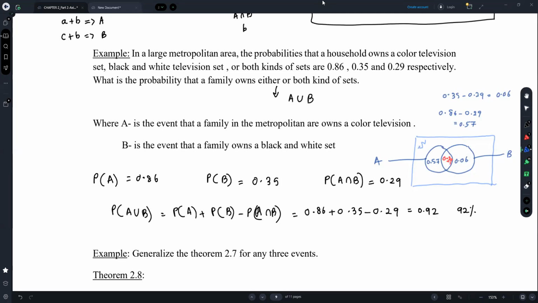Right? Is that all? Is the Venn diagram complete now? What is missing?